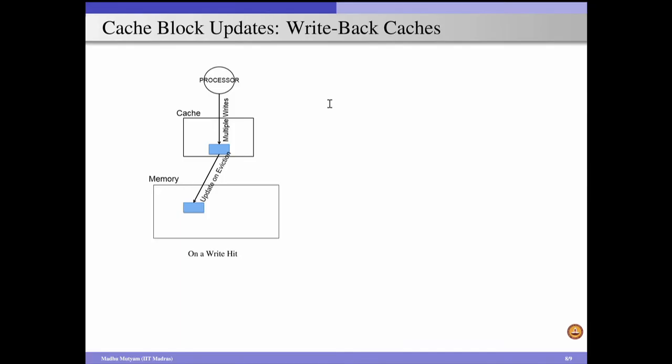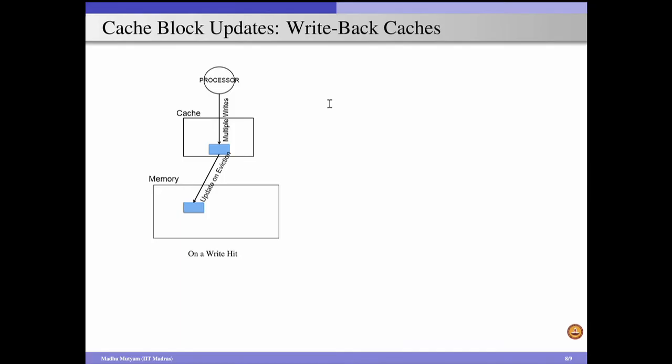Also, writing to all the levels of the caches incurs significant energy. So from the energy and bandwidth point of view, write through caches are not efficient. But the main advantage with write through caches is that it keeps the lower level caches coherent with respect to the higher level caches. So cache coherence maintenance will be simple.